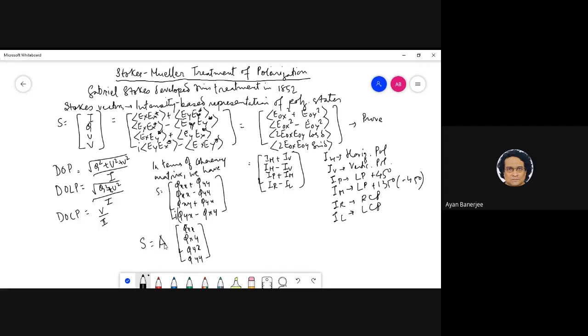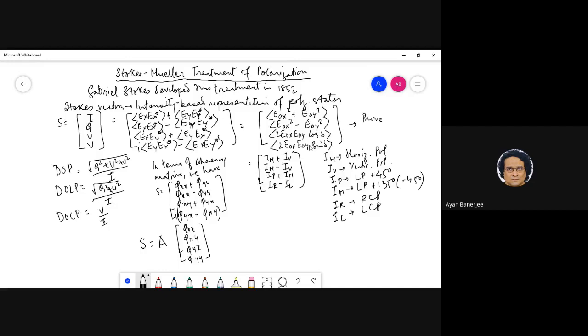Why is there a plus in the third element? Because, see, 135 is the same as minus of cos 45, so it's actually cos delta.